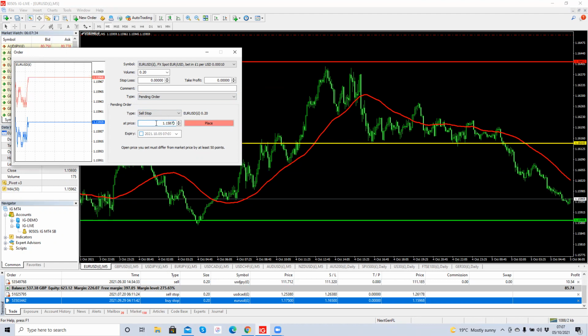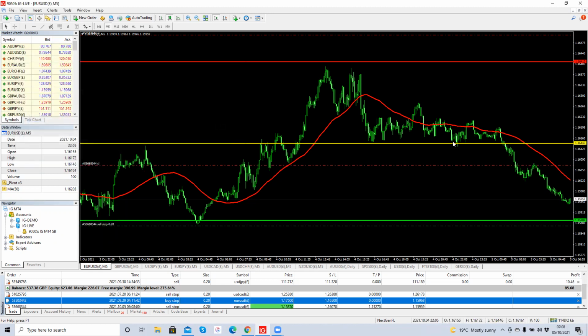And my stop loss will be 1587 plus 20 since I'm selling, so that'll be 1.1607. And my take profit will be 60 pips below that. So 87 minus 60, that'll be 27. 1.1527.